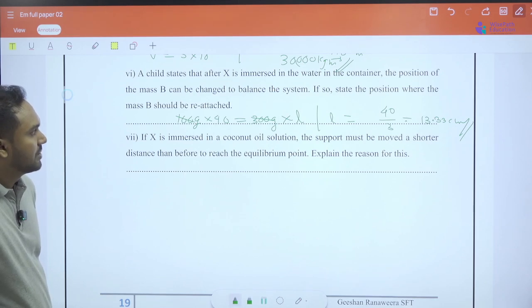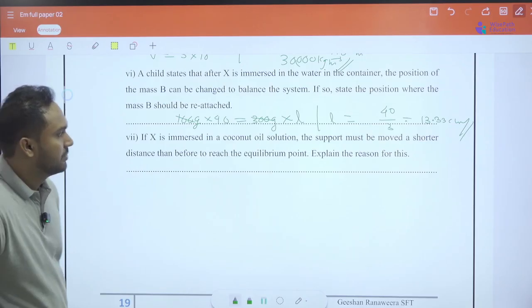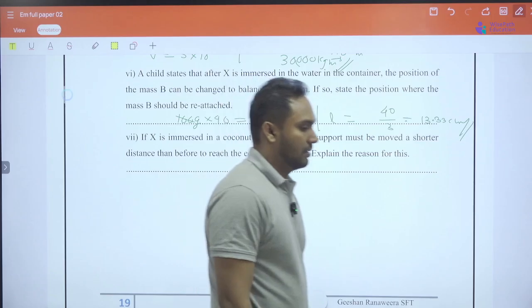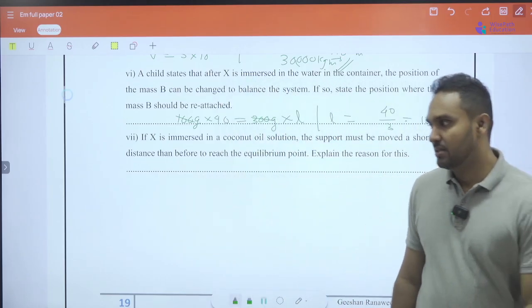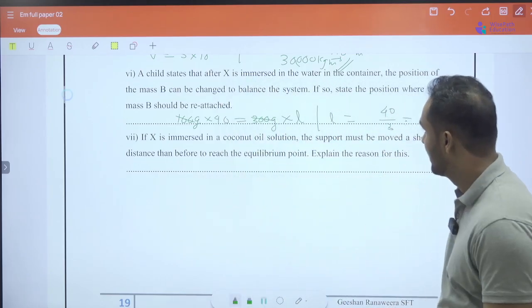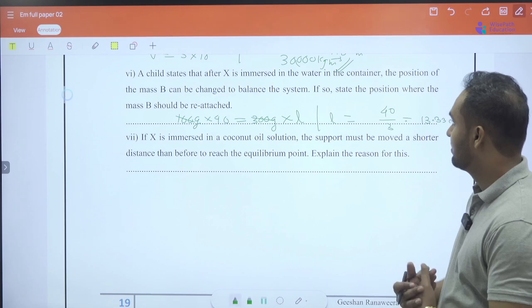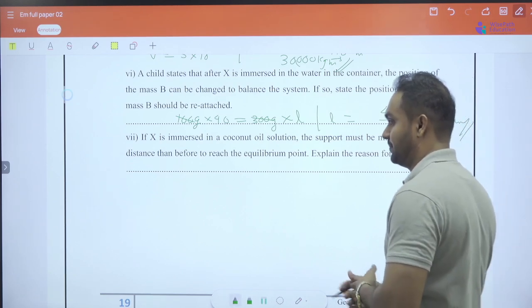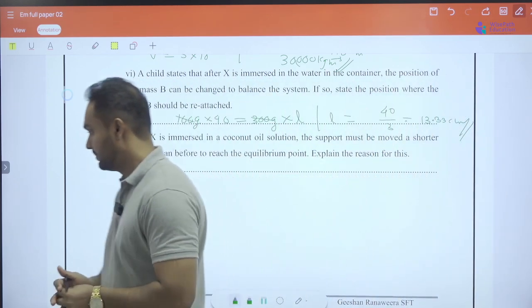Because the upthrust is less, the torque reduces less. Therefore, it has to move only a short distance to come back to equilibrium.